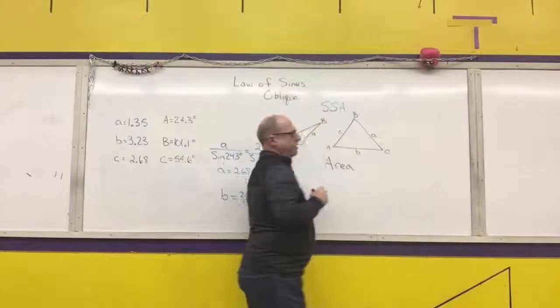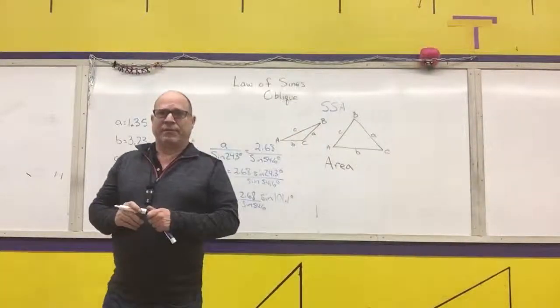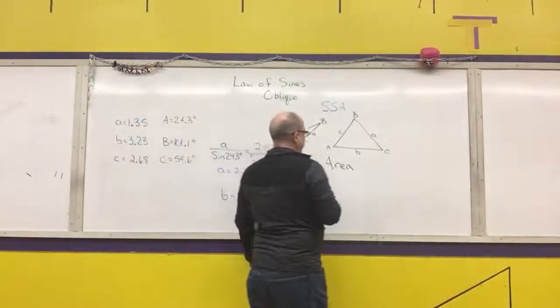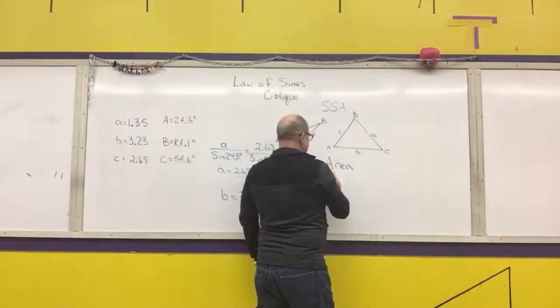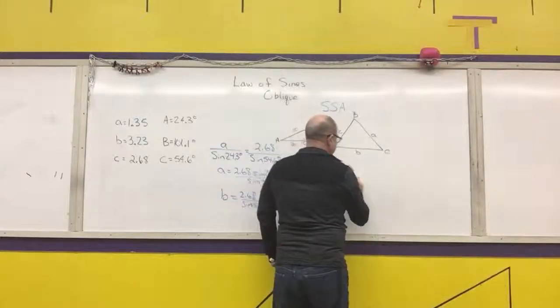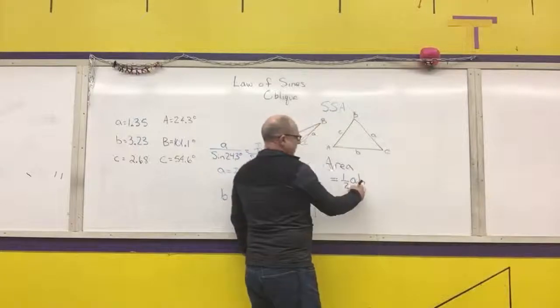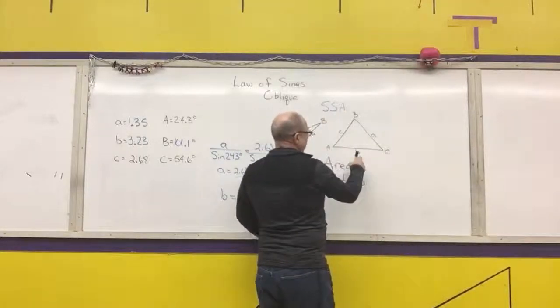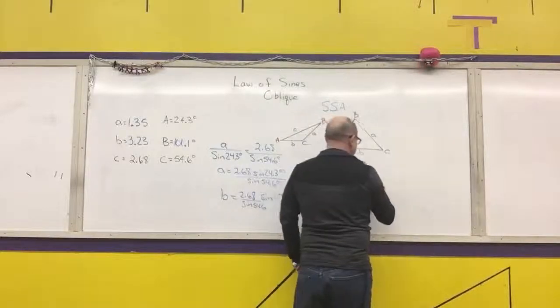And this is an area formula that I would memorize because it comes in very handy, and I'll show you the application of that. The area of a triangle is equal to 1/2, and it's the product of two sides, so AB, and then the sine of the included angle.